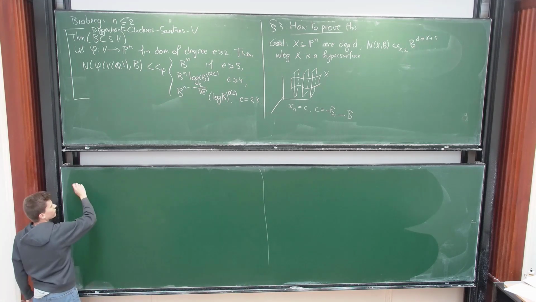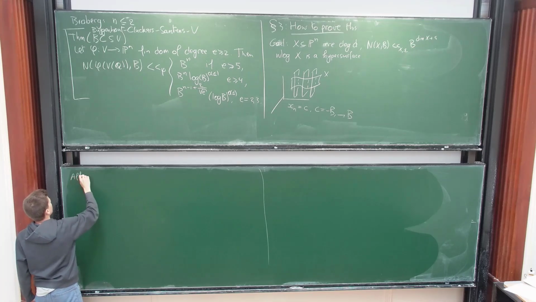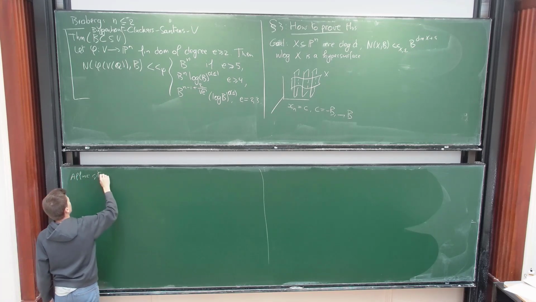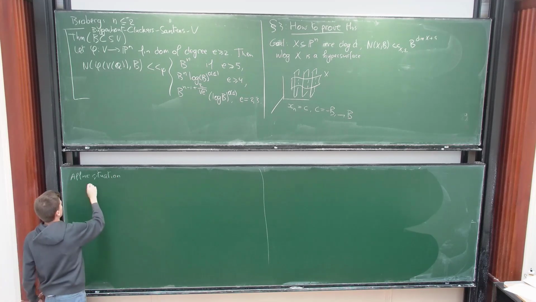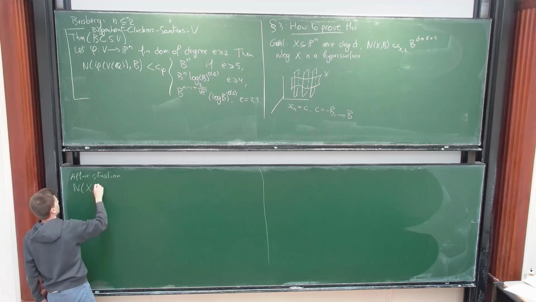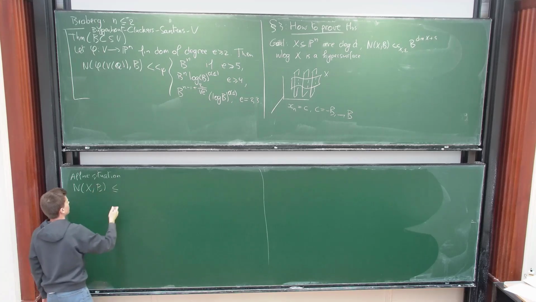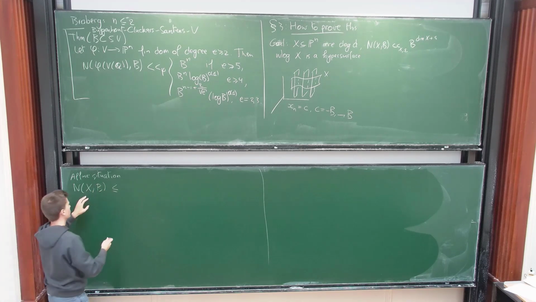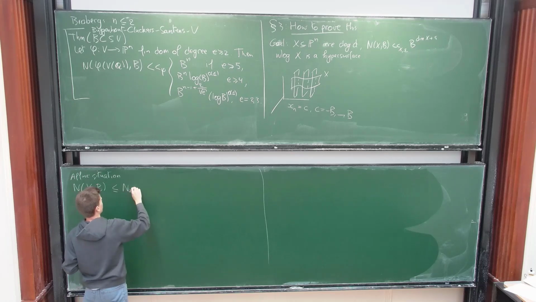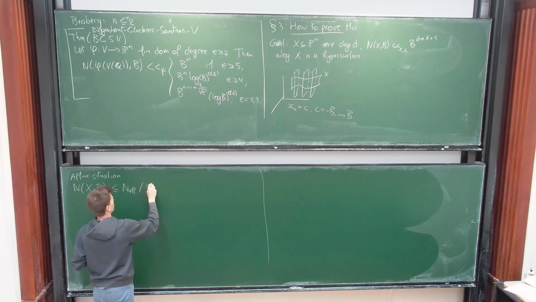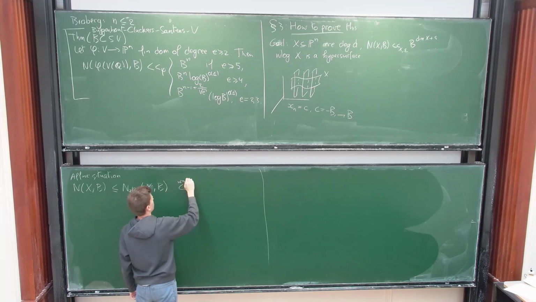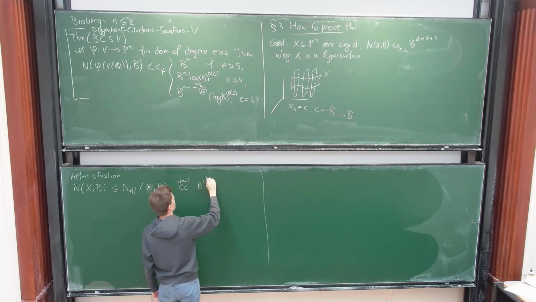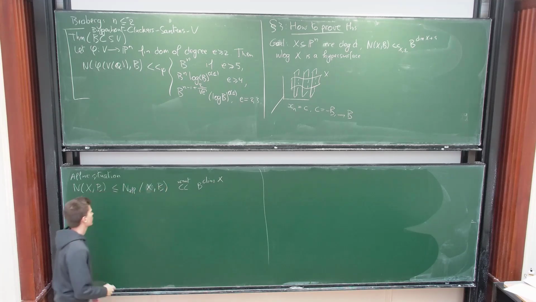So what's this affine situation? Well, we already saw this trick. If you want to bound N(X, b) for some projective variety X, you can look at the affine cone, and we want this to be bounded by b to the dimension of X, roughly.